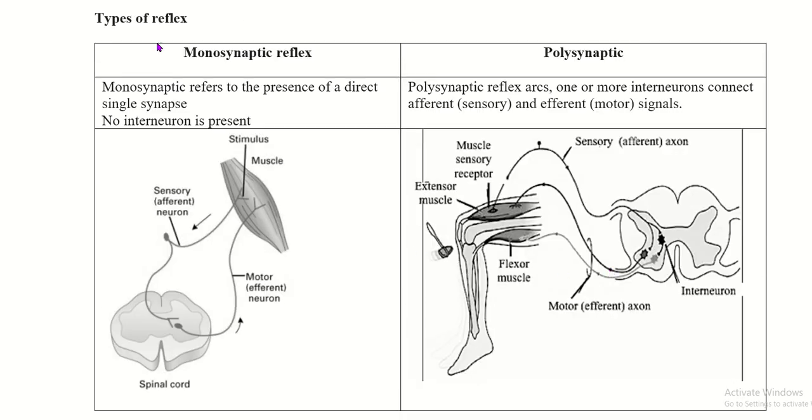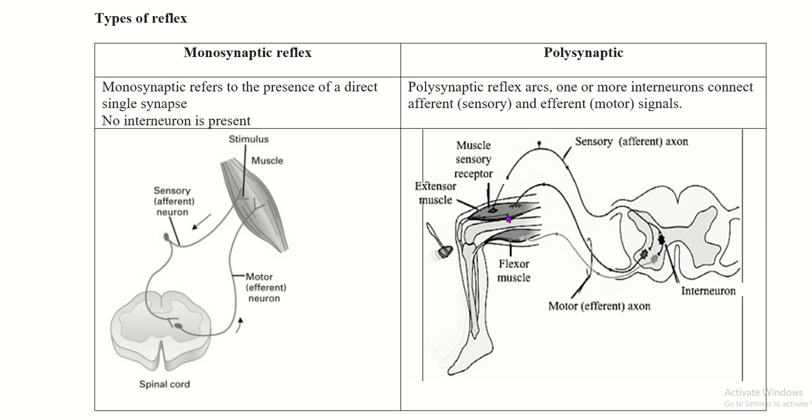There are two types of reflex, monosynaptic reflex and polysynaptic reflex. Monosynaptic reflex refers to the presence of a direct single synapse, no interneuron is present. You see, the sensory neuron directly stimulates a motor neuron. This is the monosynaptic reflex. In polysynaptic reflex, the sensory neuron stimulates multiple interneurons or multiple motor neurons.